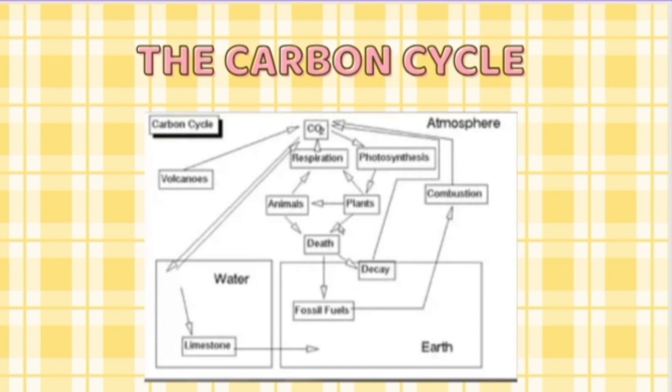The latter condition causes global warming because the carbon dioxide in the atmosphere allows less energy to escape from the earth into space than it allows to reach the earth from the sun.